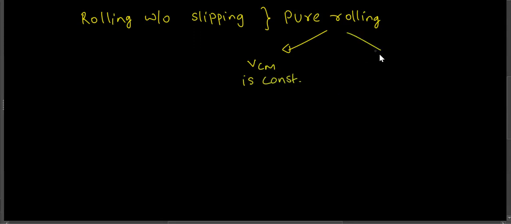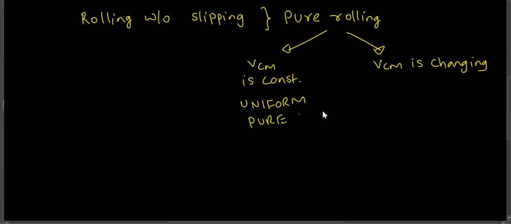The other, velocity of center of mass is changing. When the velocity of center of mass is constant, this is called uniform pure rolling. When the velocity of center of mass is changing, then you have accelerated pure rolling.